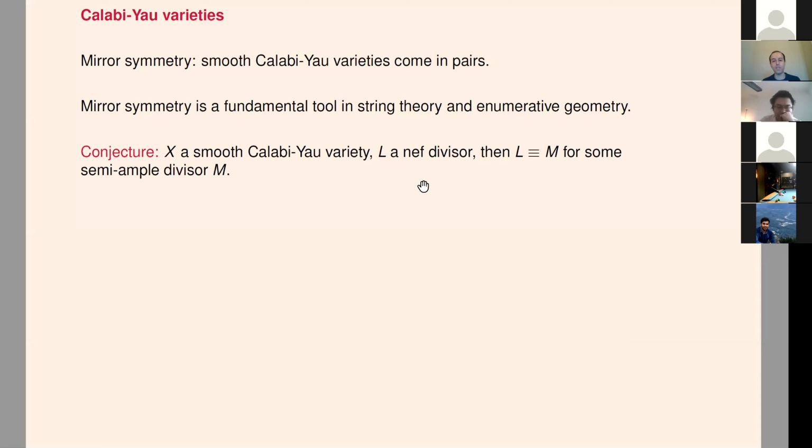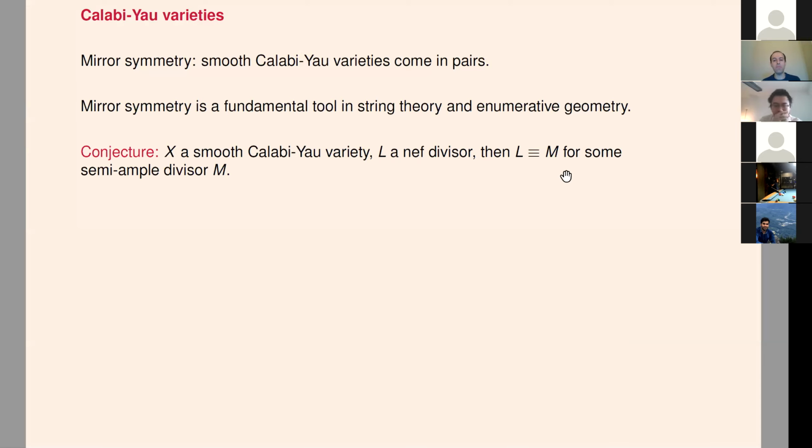Or you can say that if you add any small ample divisor, L plus any small ample divisor becomes ample. Then the conjecture says that L is numerically equivalent to some other divisor such that the other divisor is semi-ample.